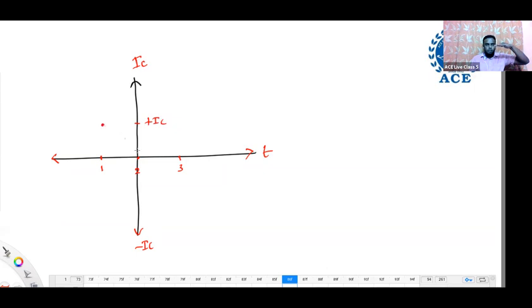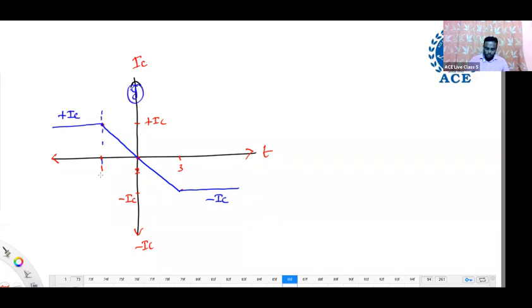At position 2, the current is 0. At position 3, the current in the same coil is reversed, that is minus IC. If you join these three points, the current is changing from plus IC to minus IC. That is the current reversal in a coil.